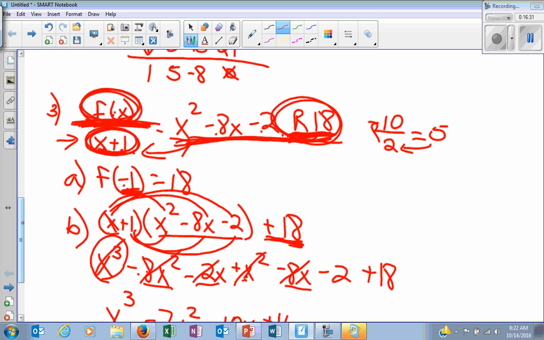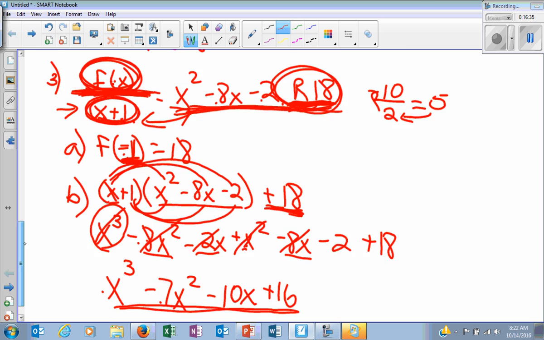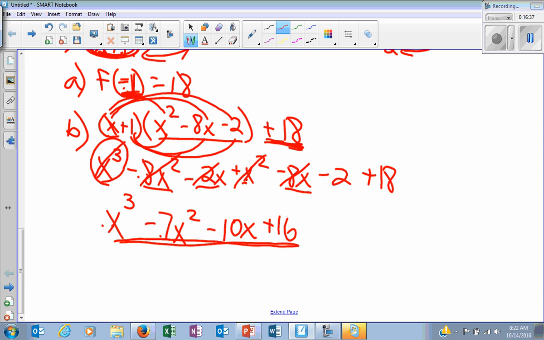What else could I check? Do you remember how I said if you plugged in negative 1, what should it equal? Negative 1 cubed is negative 1. Negative 1 squared is 1, times the negative 7 is negative 7. Negative 10 times the negative 1 is 10.